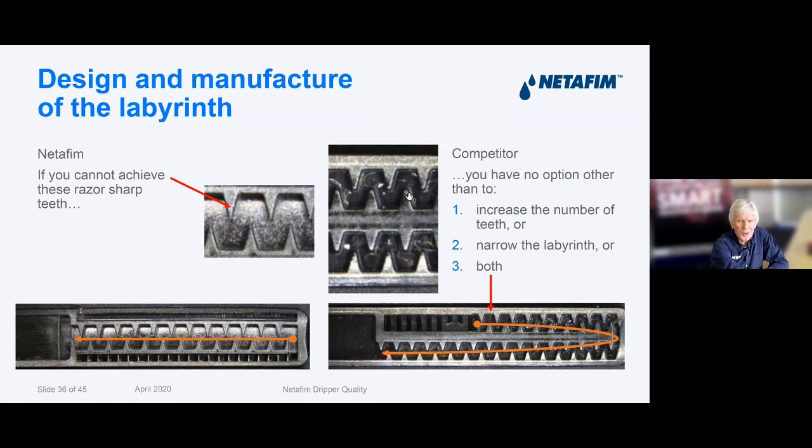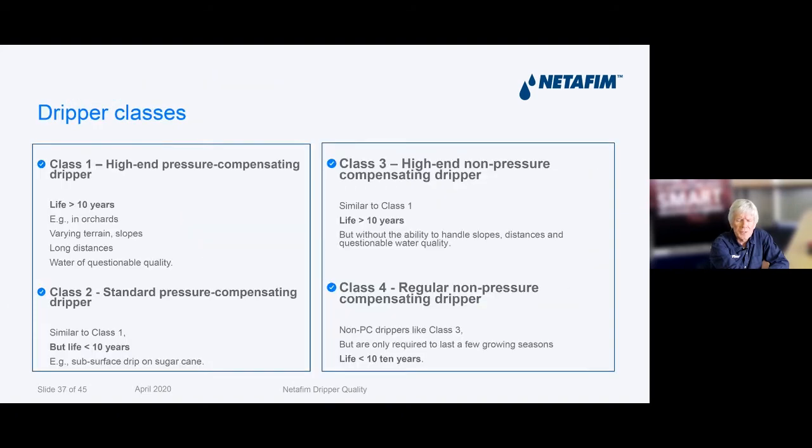You can see they're rounded. They're not razor-sharp like these ones here on the left. So if you cannot achieve this razor-sharp teeth, you have no option other than to increase the number of teeth or to narrow the labyrinth by its depth or its width, or both, as the dripper on the bottom right has done. So again, it's showing the same principle, not being able to get the razor-sharp teeth.